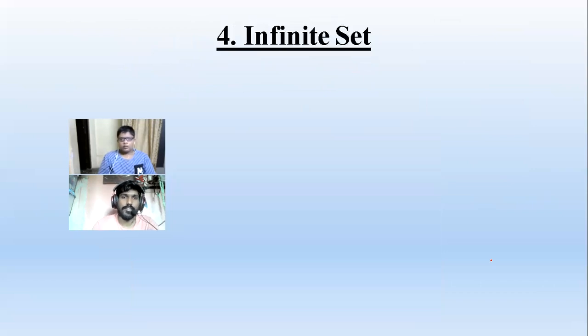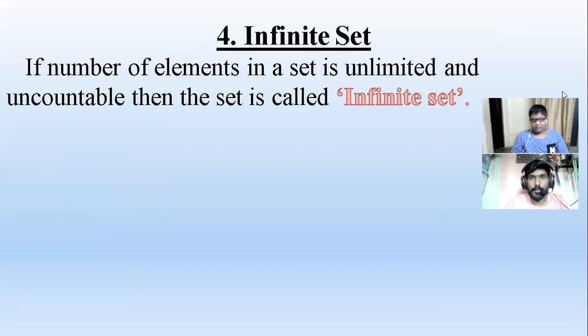Now, the opposite of finite is the infinite set. What will this mean? It will never end. Yes, it will never end. So if the number of elements is unlimited and uncountable, that means not possible to count, then this set is called an infinite set.